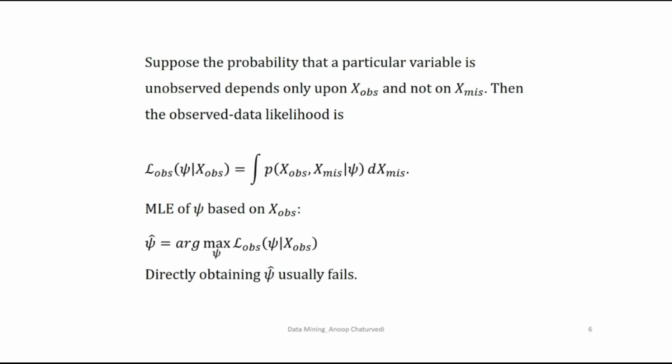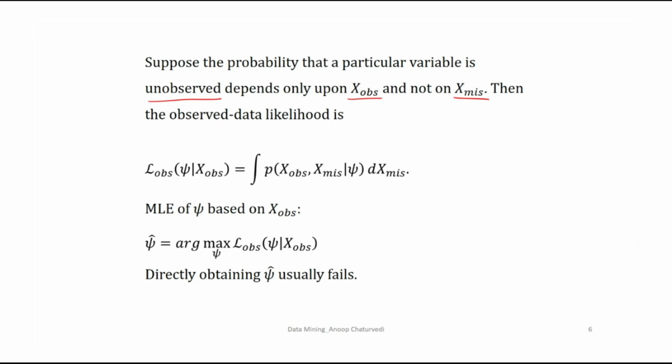Now, suppose the probability that a particular variable is unobserved depends only upon x observed and not on x missing. So, we make this assumption. A particular variable is missing or unobserved, the probability of this event depends upon just x observed, and this probability does not involve x missing.